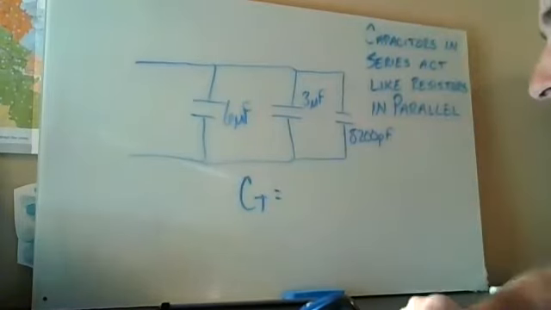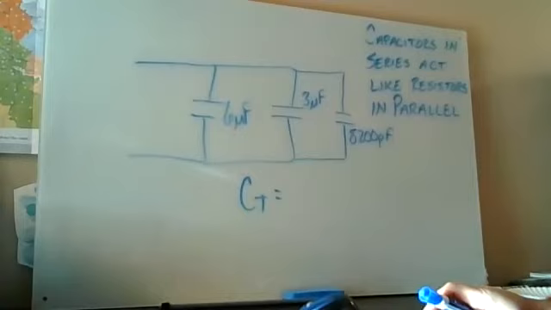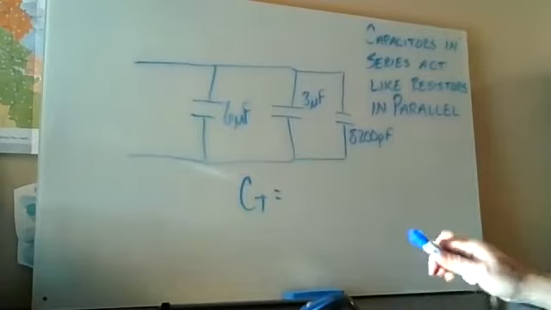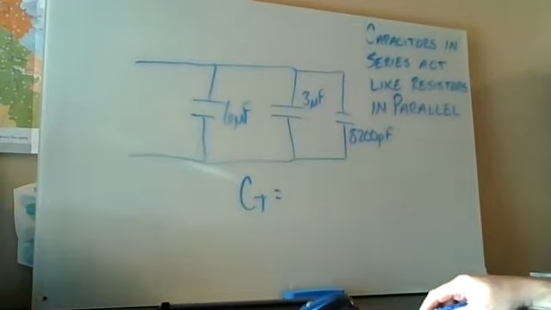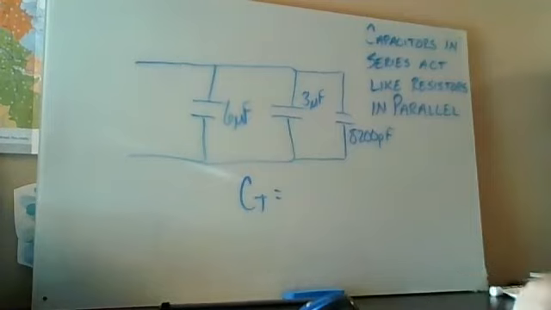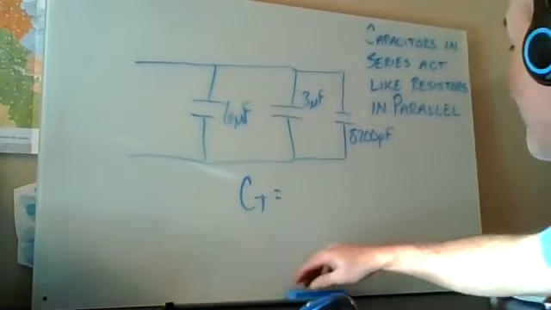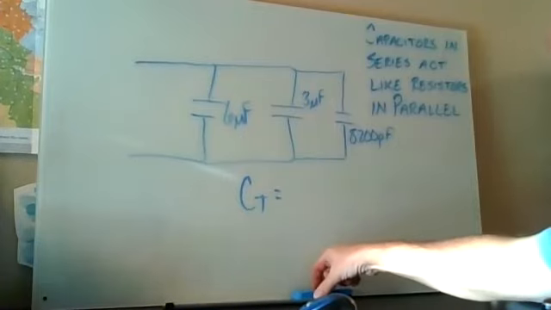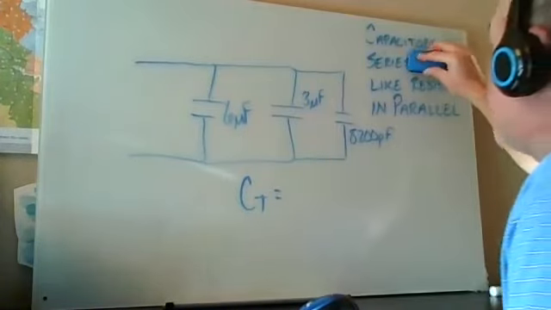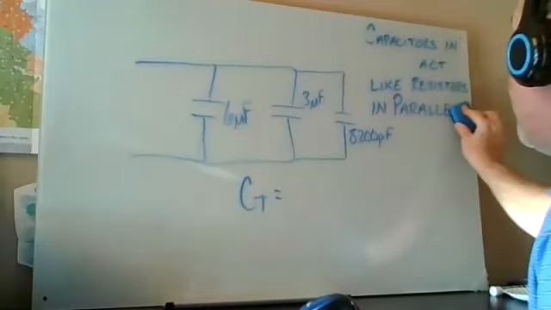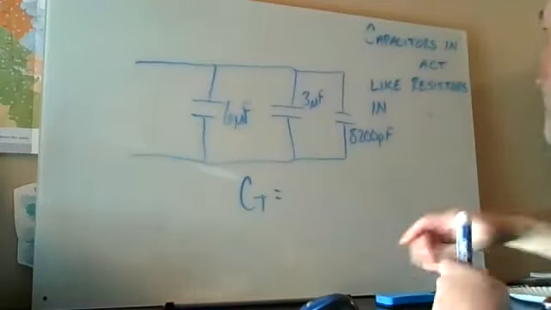What do you think C total is there? The opposite of what it is in series. Well, if capacitors in series act like resistors in parallel, guess what capacitors in parallel act like? They're in series. And how do we find R total in the series circuit? Just add them up.